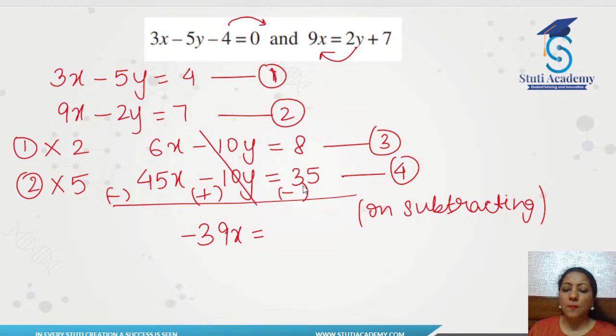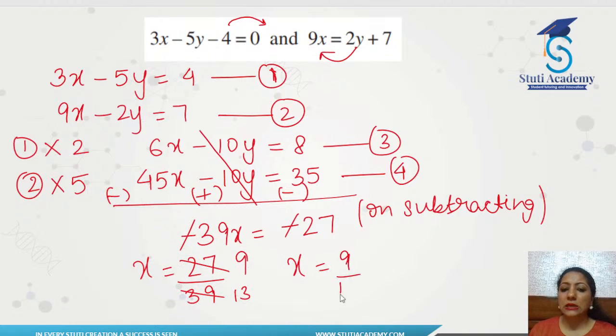And then we have 8 minus 35, which is going to give us minus 27. Now this will give us 27 over 39. Negatives we can cancel, and then we can divide 27 and 39 by 3. So we'll get 9 and 13. So finally we have x as 9 upon 13.